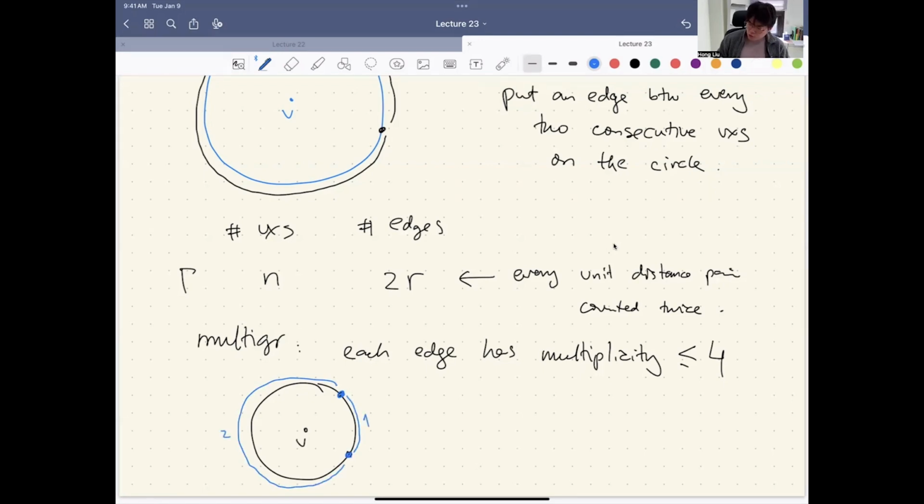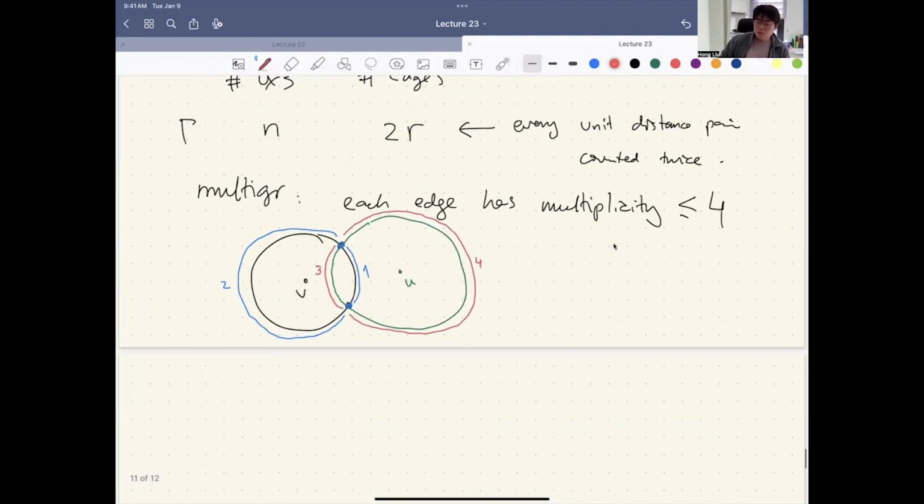But then these 2 points are on the unit circle of another point, U. Then you have an edge here and the edge here. 3, 4. So every edge could have a multiplicity at most 4. This is the maximum case. That means if we delete the multiple edges, we will obtain a simple graph.